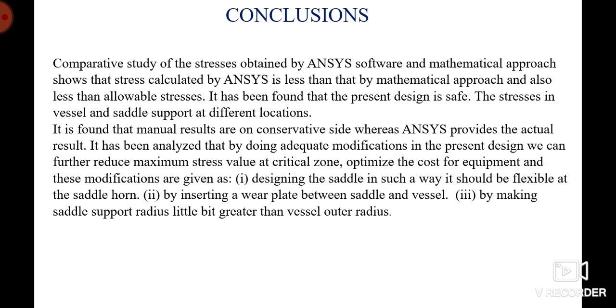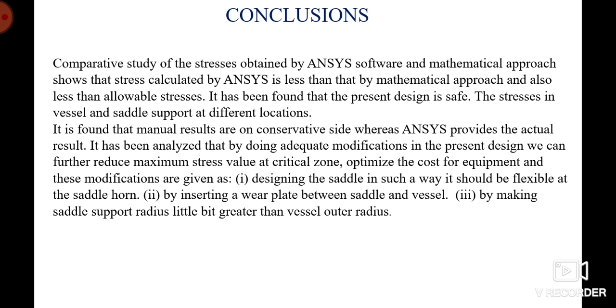Now we come to the conclusion. Comparative study of the stress obtained by ANSYS software and mathematical approach shows that stress calculated by ANSYS is less than by mathematical approach, also less than the allowable stress. Hence, it has been found that the present design is safe. The stresses in the vessel and saddle support at different locations.